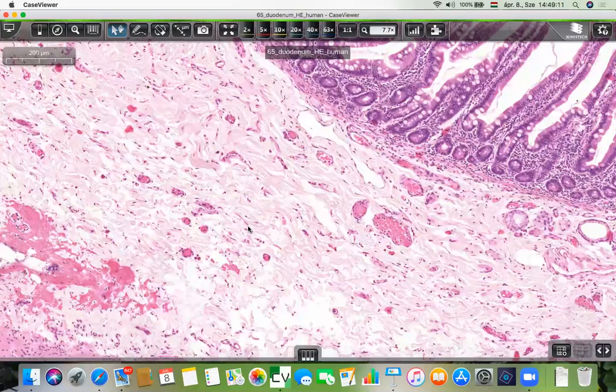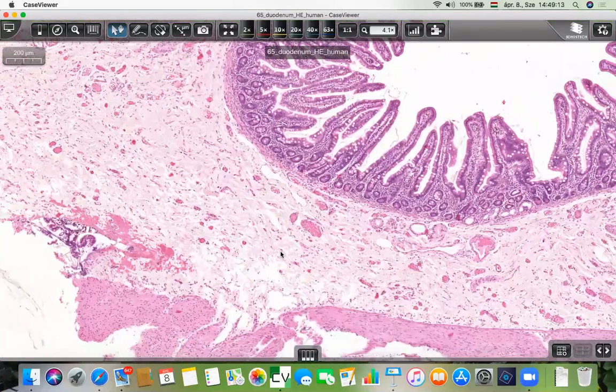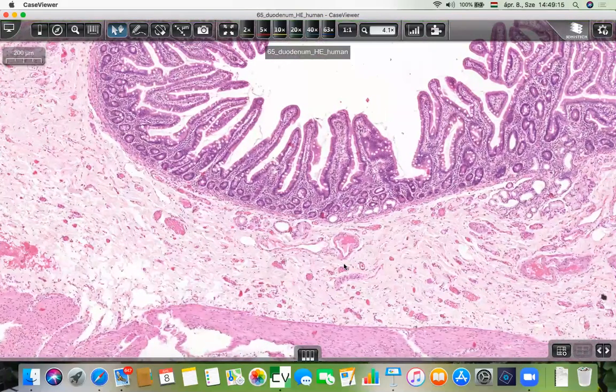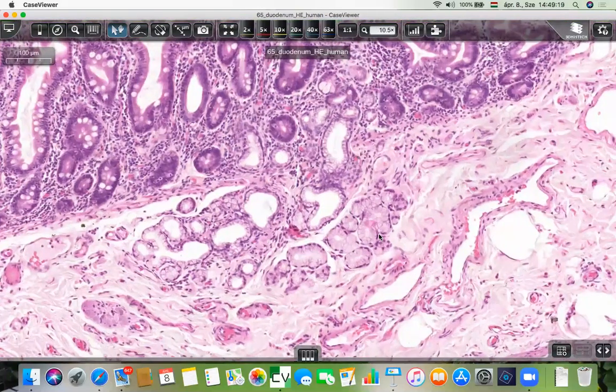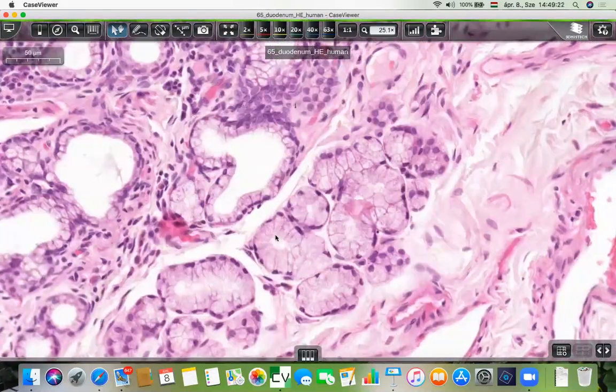But here, for example, we can find some glands. These are typical glands of the duodenal submucosa called Brunner's glands.